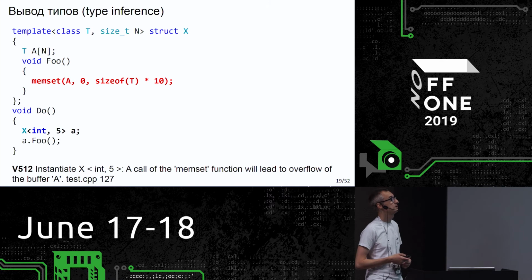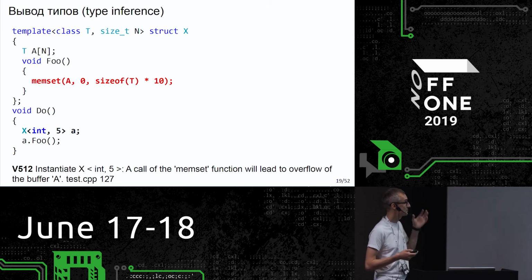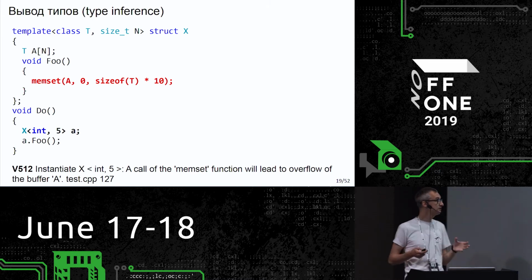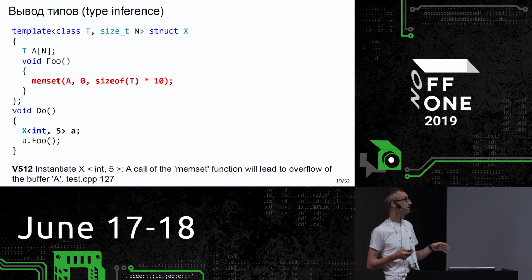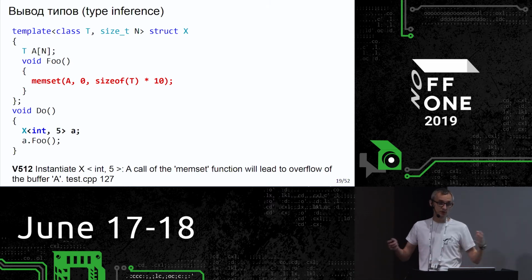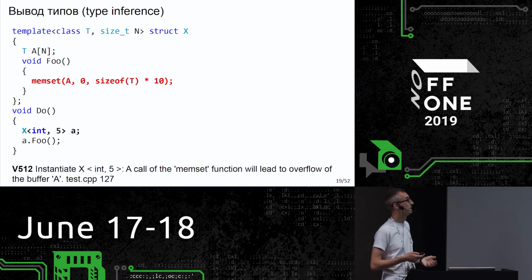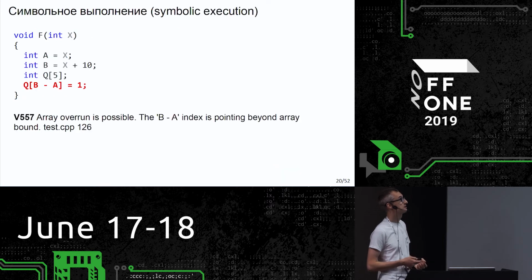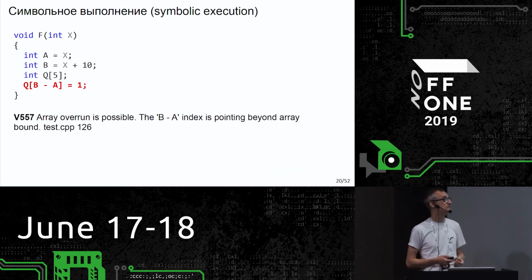And this example shows that the analyzer was understanding the types, and it looked at what X is and understood how it's instantiated, and understood it will be an issue because the memory area filled with zeros will be much bigger. So here's one of the examples of the technologies used as part of the statistical analysis.